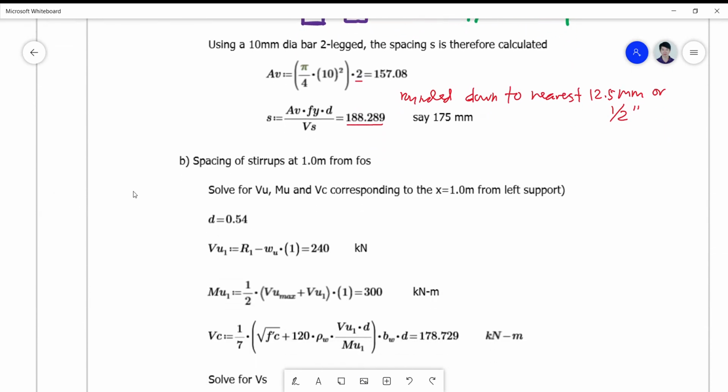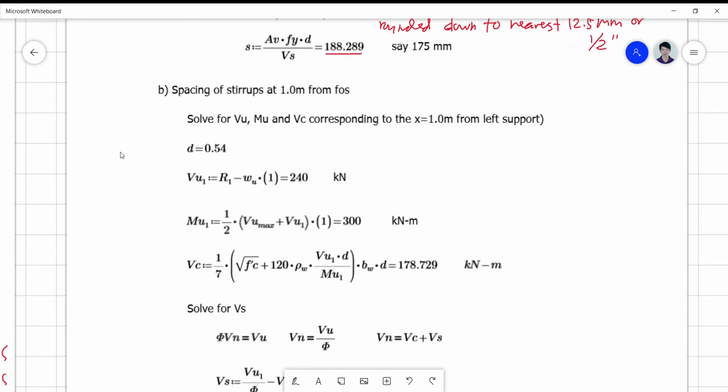So for the spacing of the stirrup at 1 meter from the face of the support, this is actually another critical section which is secondary to what the critical section definition was provided for in our NSCP code.